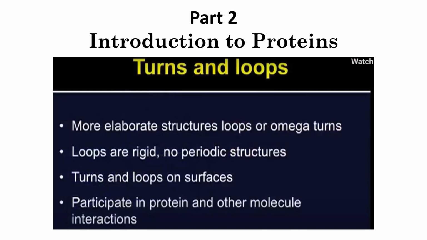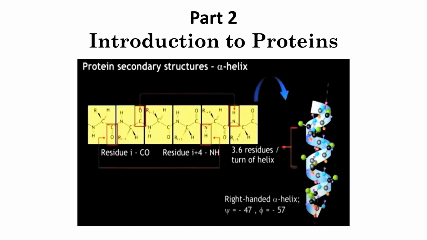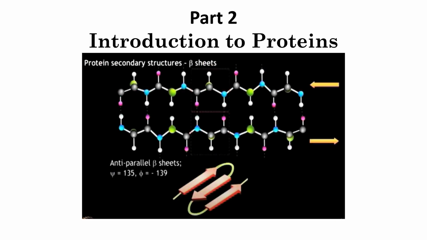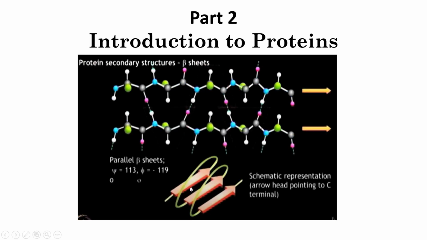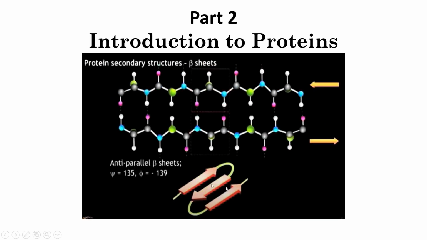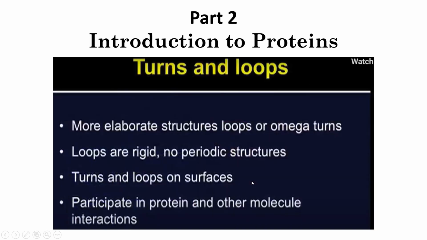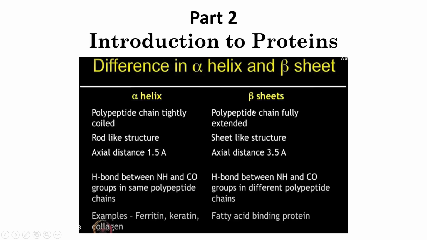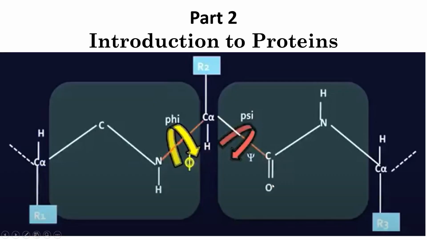In this process, they form turns and loops as well. These are called loops, going in the same direction, and these are called turns, going in the opposite direction. So in this process they form turns and loops in making a beta sheet structure.